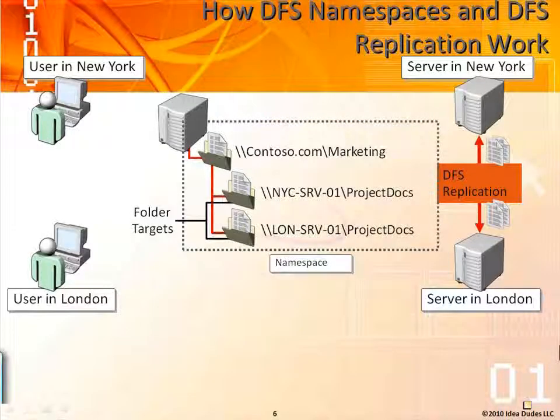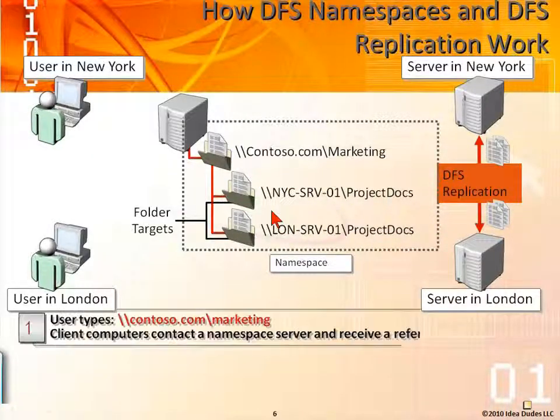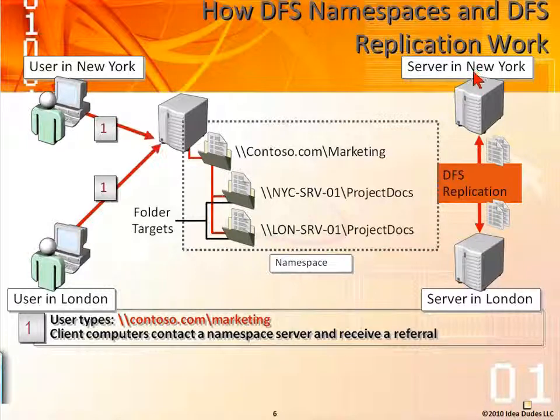So how do DFS namespace and DFS replication work? Well, we have New York over here, and we have London. We have these users, and they want to have access to the marketing documents. Now, the marketing documents also have some folder targets of project docs. These project docs are actually located on the New York and London servers. The one that is closest is how it's going to be connected.